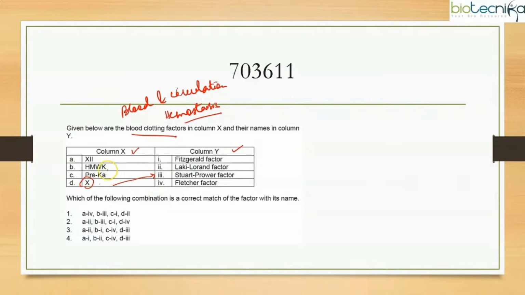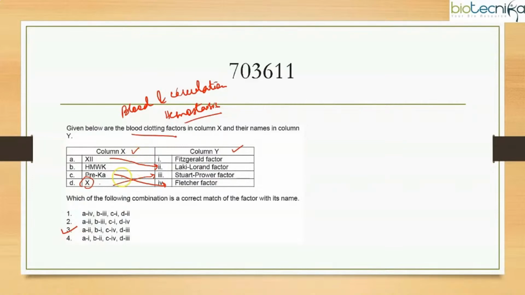And then we know pre-Ka, kallikrein, will match with Fletcher factor. And then 12, that is A, is going to match with Hageman factor. So if you know that, the right answer will be option 3 over here. 703611, the right answer is option 3.